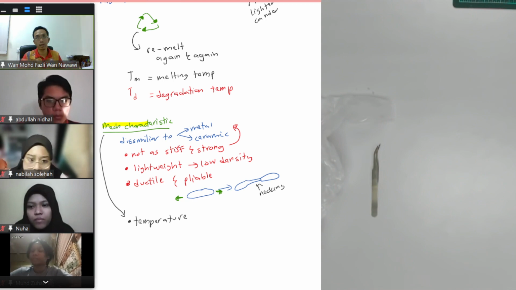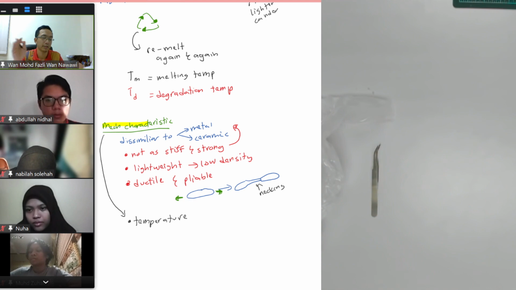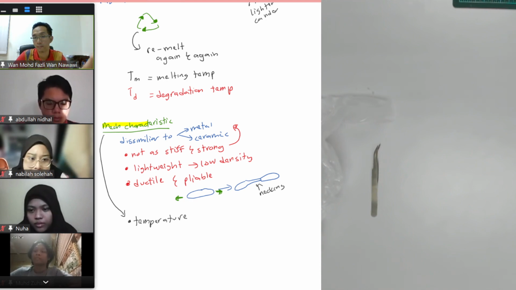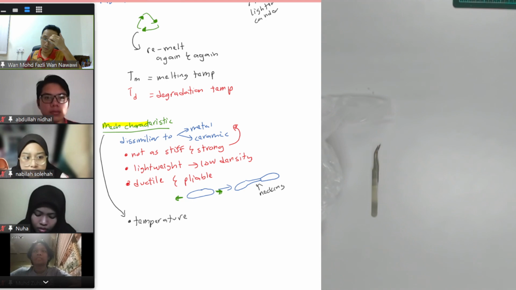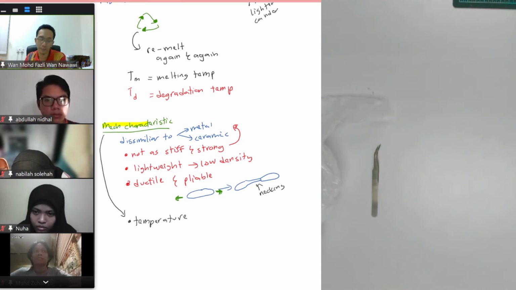The max in real life is around 100 or 150 Celsius, and normally for metal and ceramic nothing happens to them. But plastic can be melted. So when you talk about the mechanical characteristics of plastic, you need to always include the temperature, because the mechanical properties of plastic change according to the temperature.